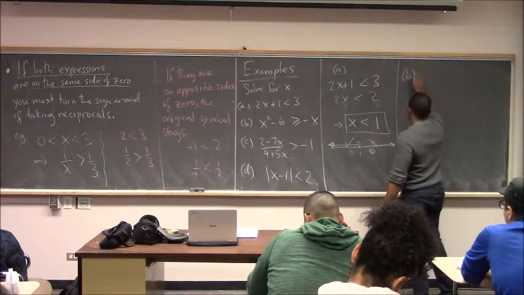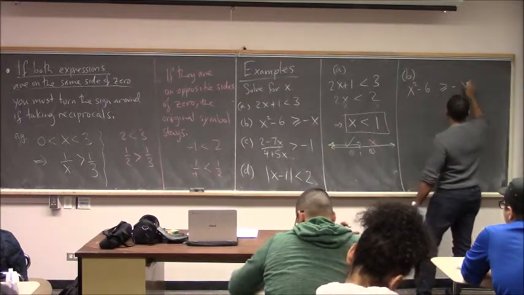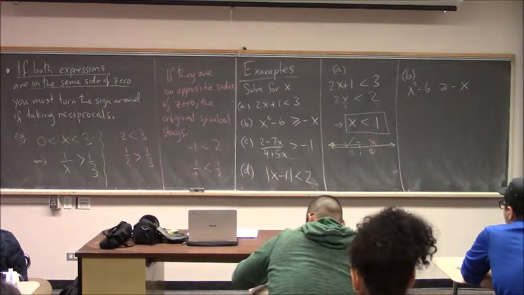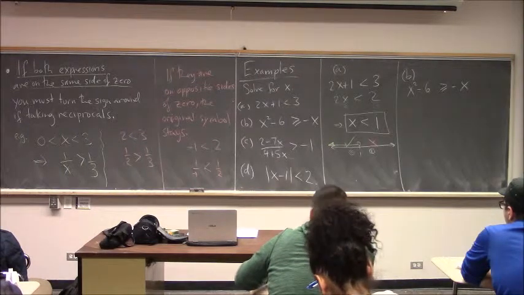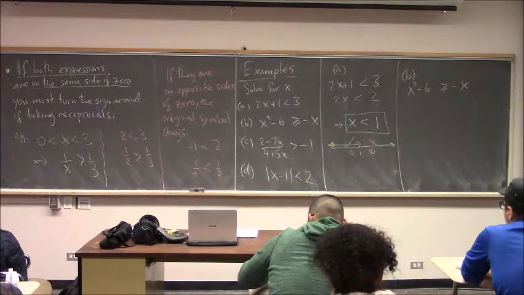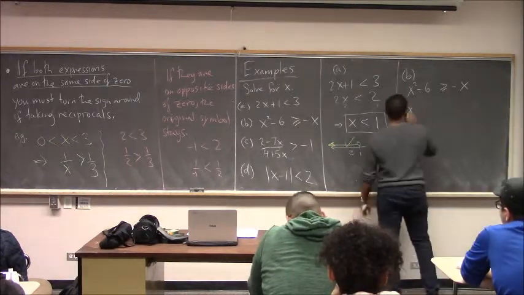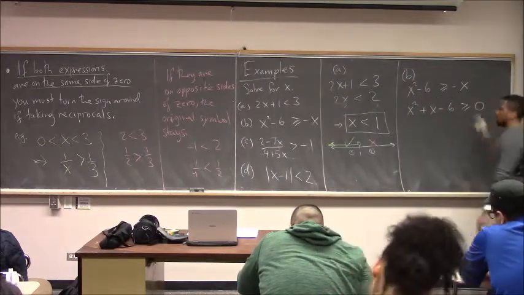B is already slightly more complicated. However, again, we would start by pretending it's an equal sign. If this were an equal sign, what would you do? Add x on both sides. So you bring everything to one side and make the other side 0.